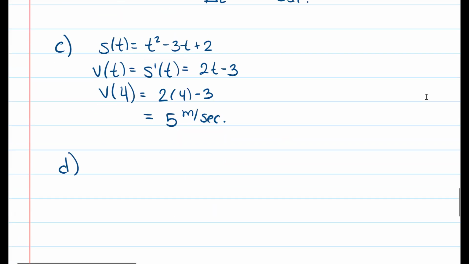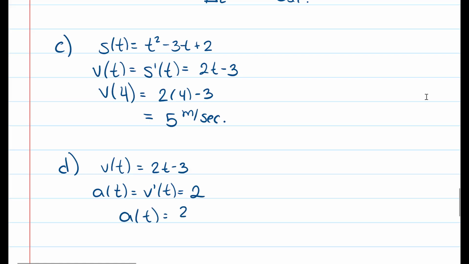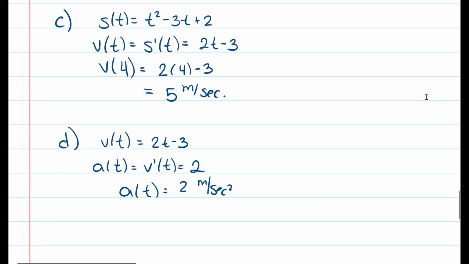For part D, we need to find the acceleration. So our velocity is 2t minus 3, and I know acceleration is the derivative of velocity. So I get 2. So A of t is equal to 2 meters per second squared. So then A of 4 is just 2 meters per second squared.